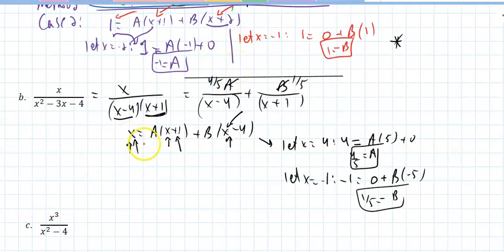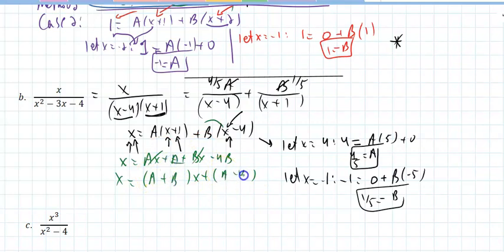Of course, the book's method, I'm going to do it here as well. Just this time, they clear the parentheses, and they say, well, look, get the terms with the x, and the terms without an x. That's a plus b, and that's a minus 4b. And from here, they get a system of equations.